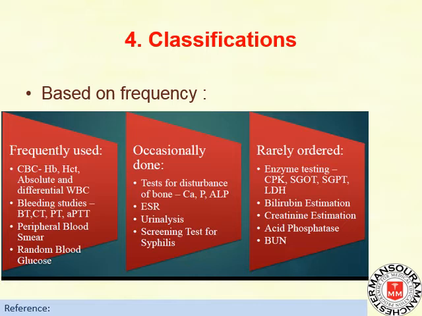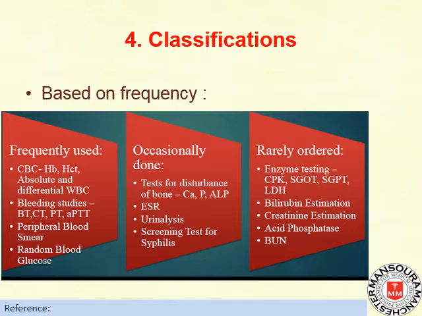We have another type of classification based on the frequency. We have frequently used, occasionally done, and rarely ordered ones. And actually the list under each type of classification is not fixed. It depends upon the different clinical services we are providing. For example, for an oncology center, we have frequently used ones, occasionally done ones, and rarely ordered ones.